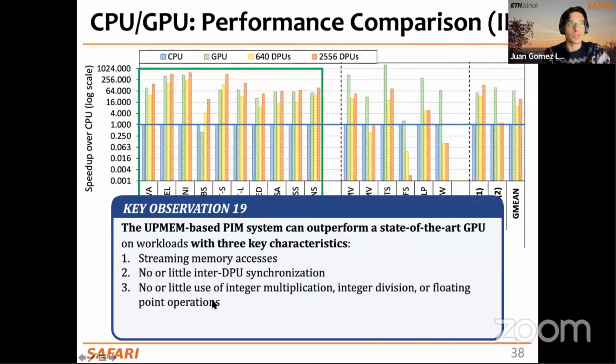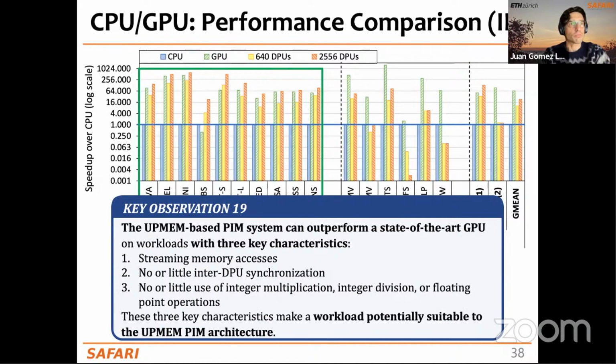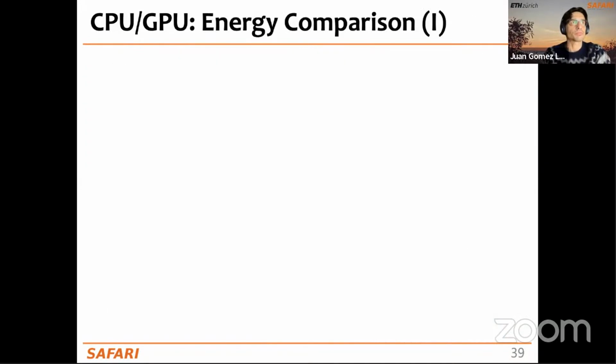These complex operations are integer multiplication, integer division, or floating point operations. So if the workload doesn't use these operations massively, it should be pretty suitable for the UPMEM-based PIM system. So these 3 key characteristics make a workload suitable or potentially suitable for the UPMEM PIM architecture.